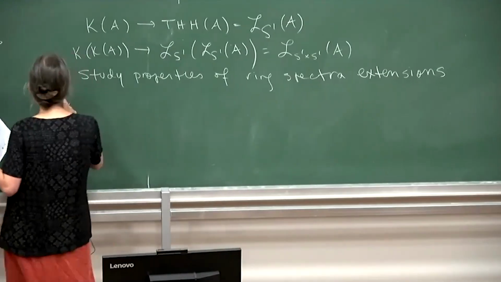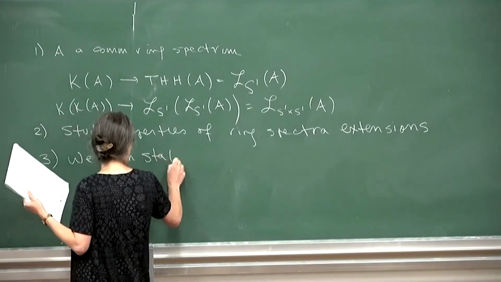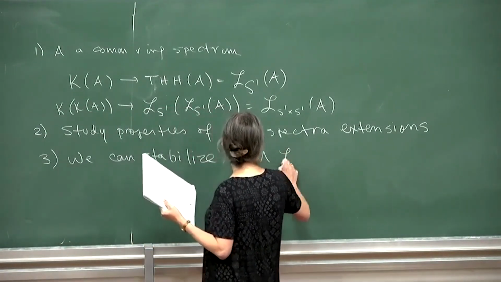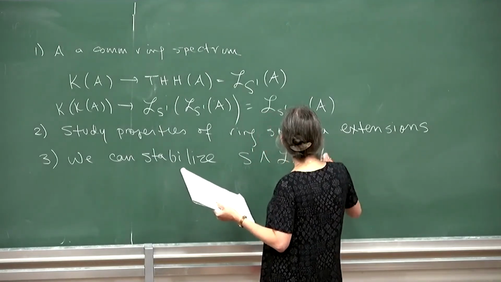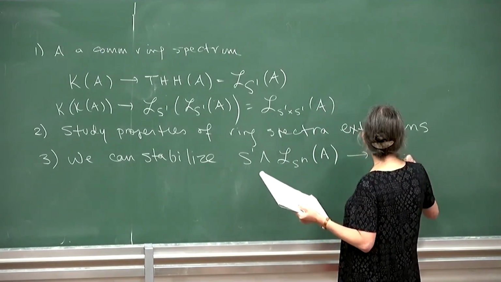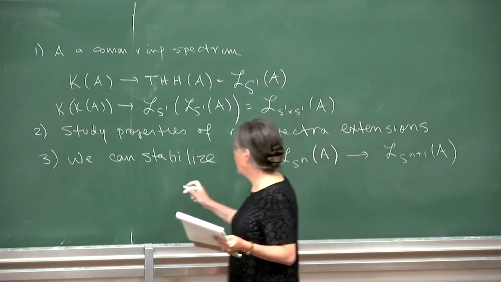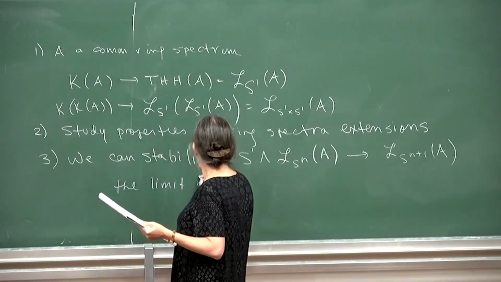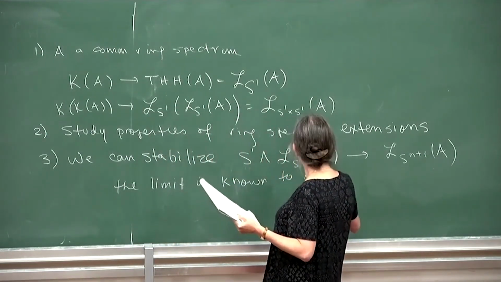And the third is we can stabilize, S1 smash, for any space, but in particular for spheres, LSN of A into LSN plus 1 of A. And the limit is known to be interesting.